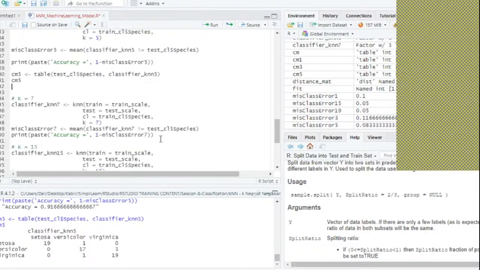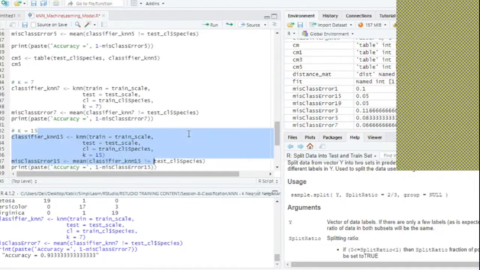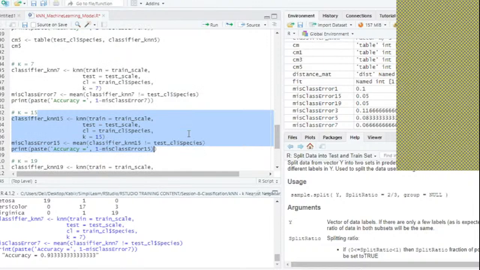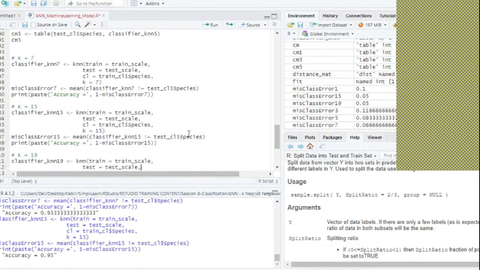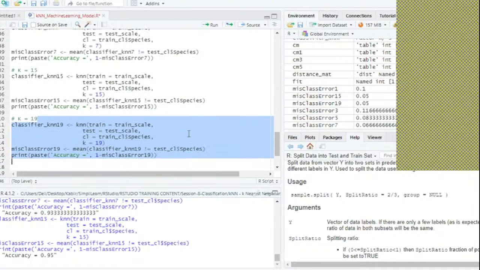Similarly, I tried 7. I think I got the maximum accuracy of 93%. It further increased with k equal to 15, 95%. And I think 19 will remain 95 only. Yes, it goes up to 95 for me.